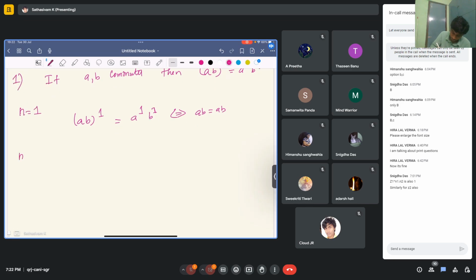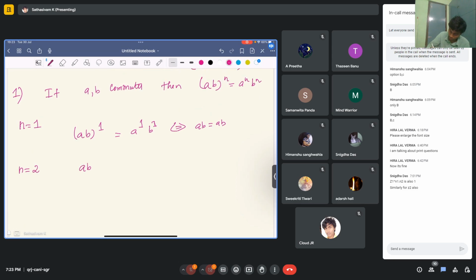So let's do the n equal to 2 case also, just to get an idea of what is happening. Here you have (ab) square. This is ab, ab. What you can observe is a and b commute, right? So you have to change the brackets again and again. Let's do it like that.